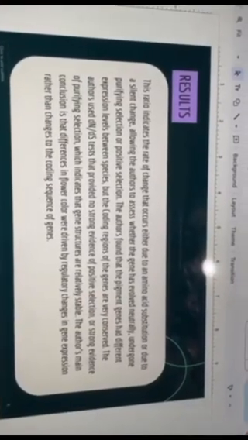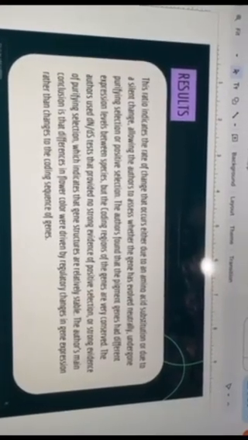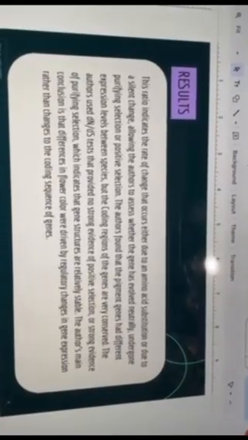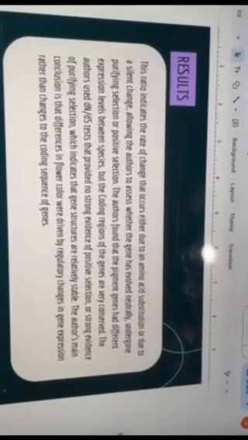This ratio indicates the rate of change that occurs either due to amino acid substitution or due to silent change, allowing the authors to assess whether the genes were evolving neutrally, undergoing purifying selection, or positive selection.